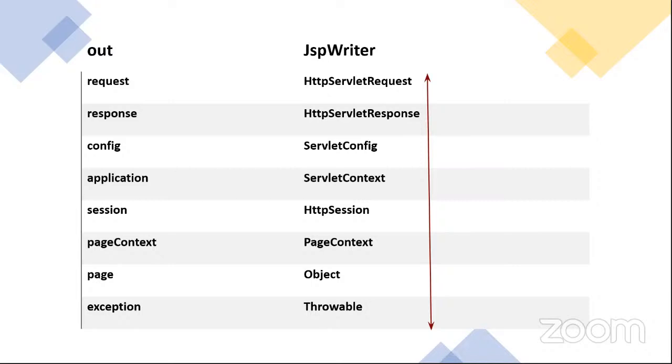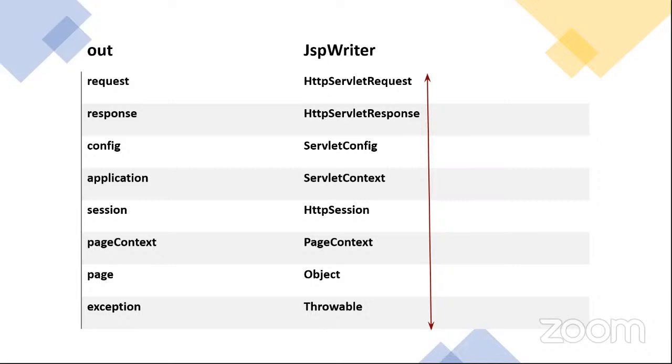So what is the need of each object? In simple terms, as I mentioned, out is for printing or sending some data to the browser. With request, if we want to get a request value from the user, we can use this. If you want to send a response to any other services or to the browser, we can use the response object.